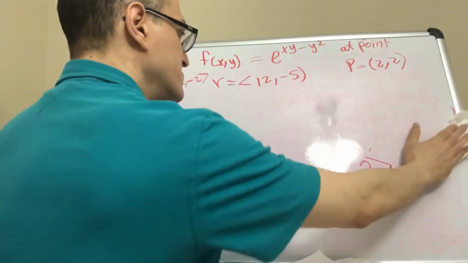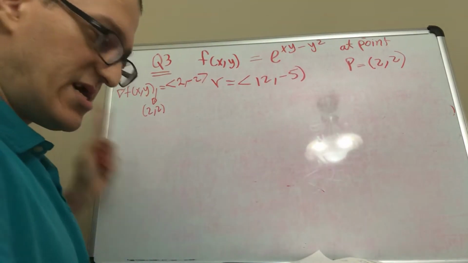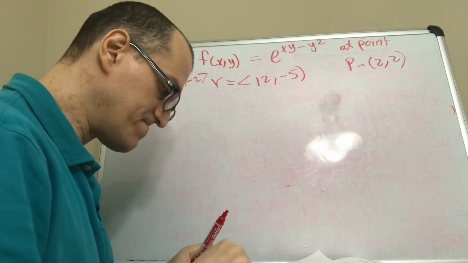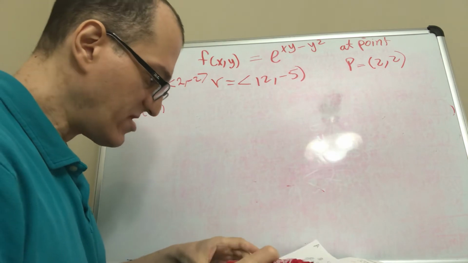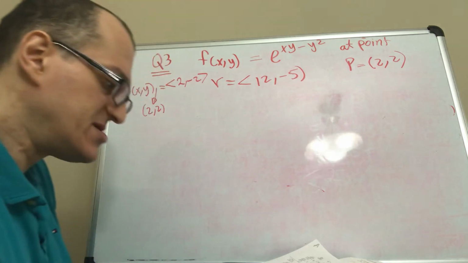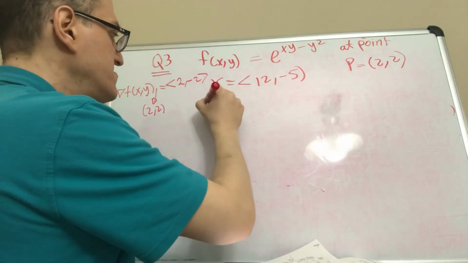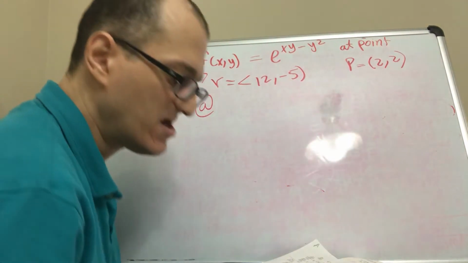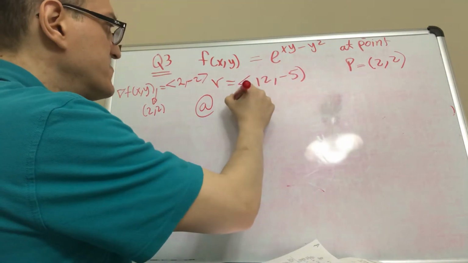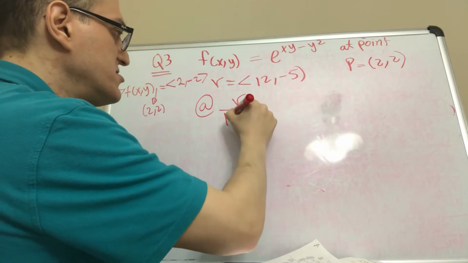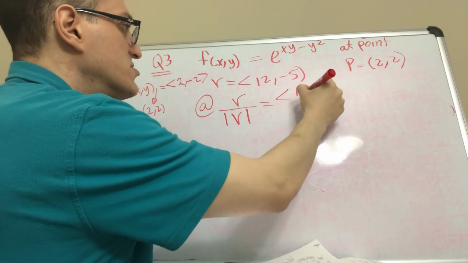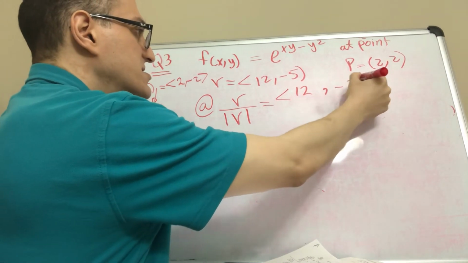Once you do this, they tell you in A to find this rate of change in the direction v, in the direction of this vector. First of all, we need to find the unit vector. The unit vector of this, you take it over the magnitude. So it would be 12 and minus 5.